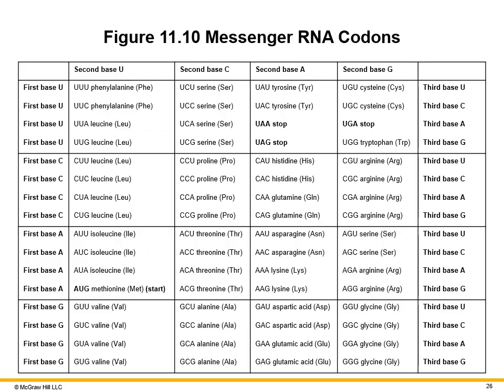Here are the various codons in groups of 3 from mRNA, and each codon is going to match with a specific amino acid. So as you can see here, the codon UUU is going to code for the amino acid phenylalanine.